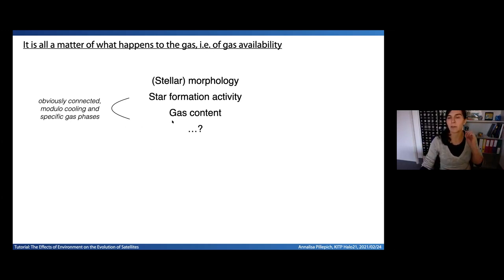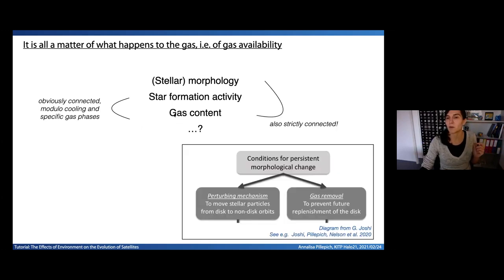But morphological transformations are also strictly connected to the availability of gas, because you cannot have a persistent morphological change unless you avoid new star formation, because new star formation will replenish a stellar disk, reversing any morphological transformation that you might have had by just kicking the stars and changing their orbits.